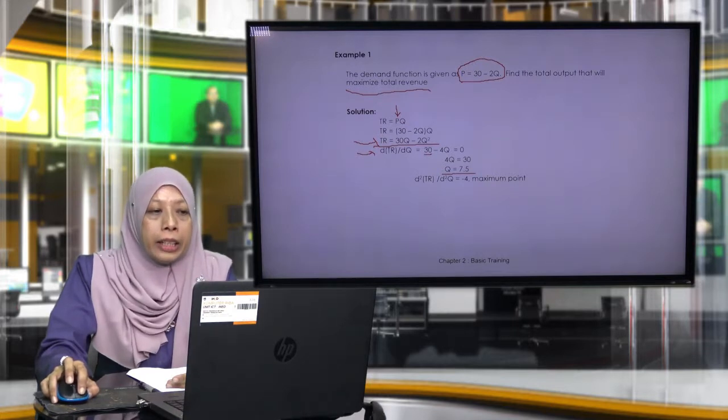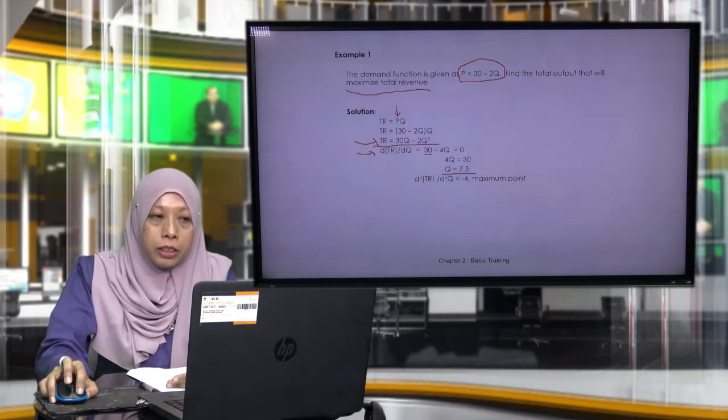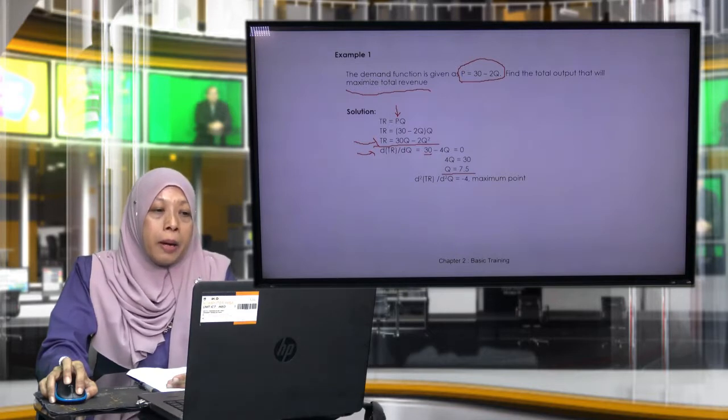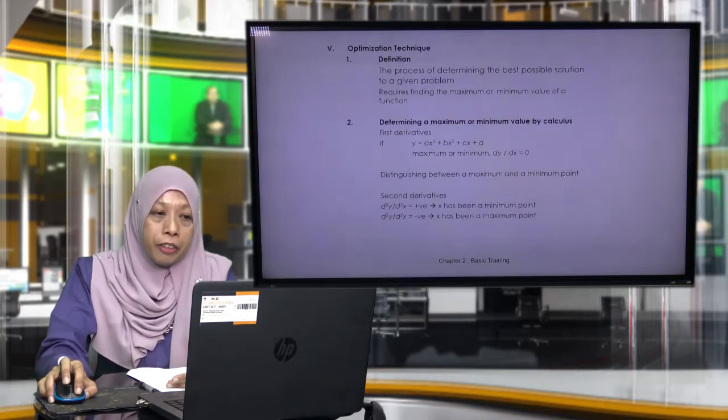Now if you differentiate the first derivative function, you're going to end up getting minus 4, isn't it? Because differentiating 30 will give you 0, and differentiating minus 4Q will give you minus 4. So the second derivative function for total revenue is negative 4.